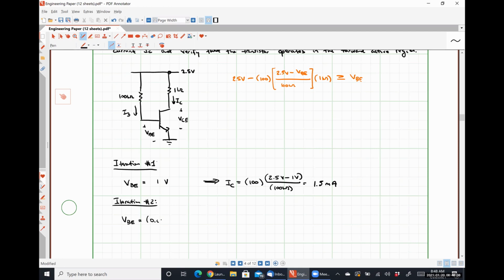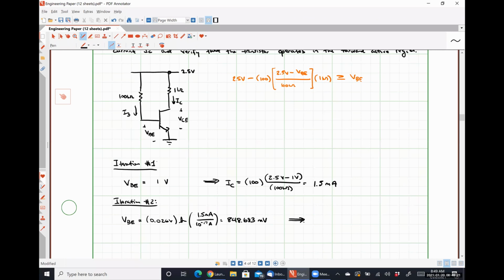So that would be 0.026 volts times the natural log of 1.5 milliamps divided by 10 to the minus 17 amps, which gives us 848.683 millivolts.